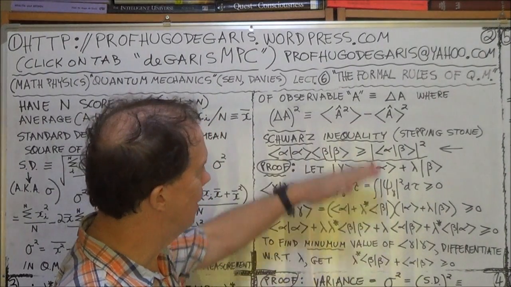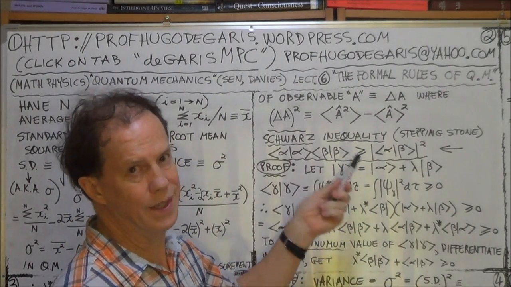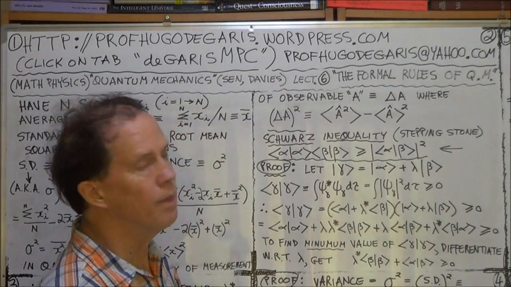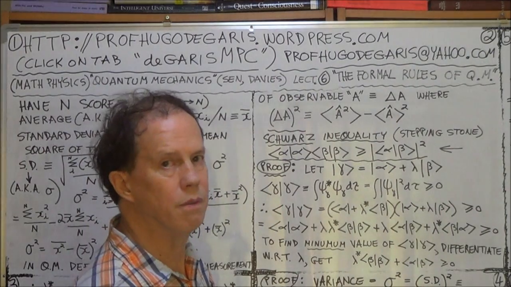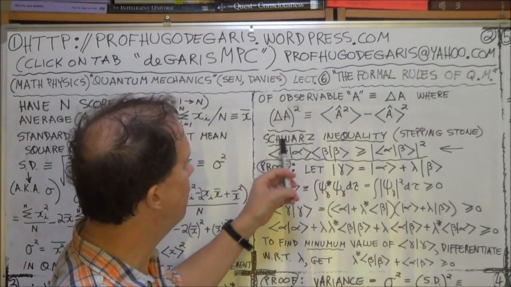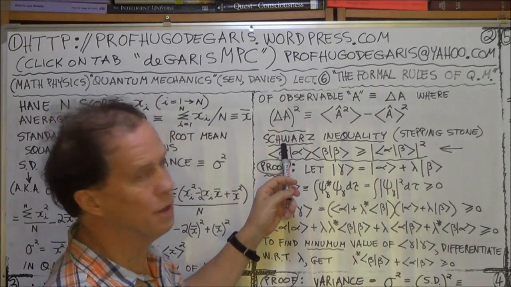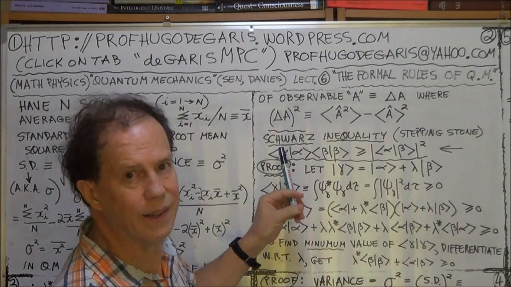So this, in a sense, is a lemma. I need this result that I will use later in the derivation of the generalized Heisenberg uncertainty principle. And it's pretty famous in quantum mechanics. It's called the Schwarz, that's a German word, a name. It just means black.